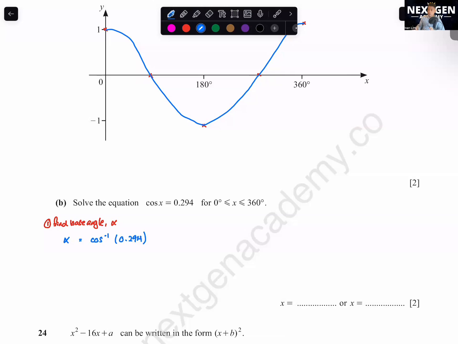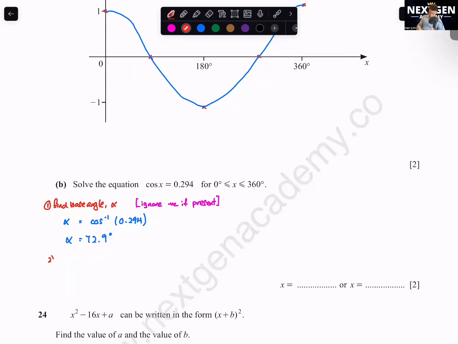You'll get 72.9 degrees. Even if there's a negative, ignore the negative. Ignore negative if present. You're just going to type into the calculator without the negative. If you type it with a negative, the answer is wrong already.